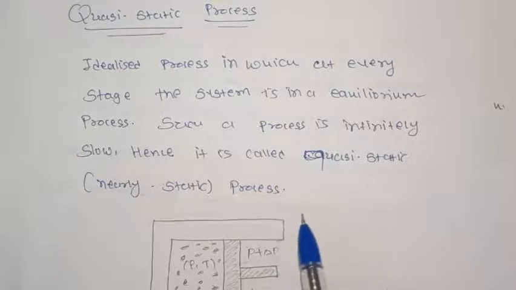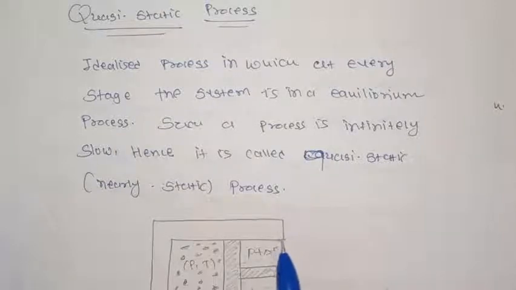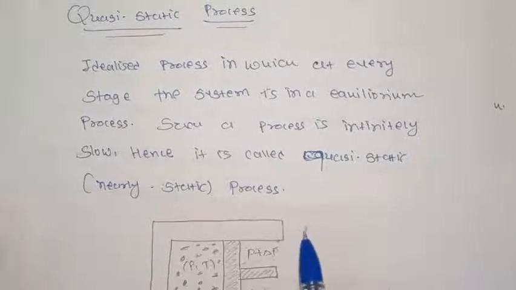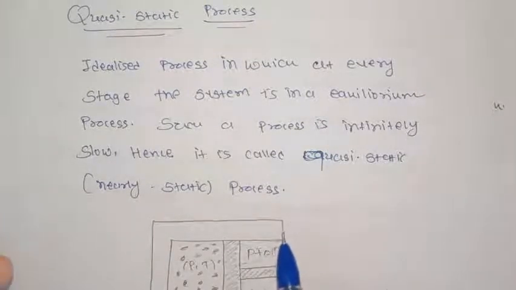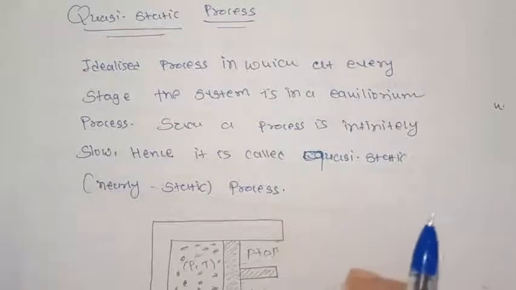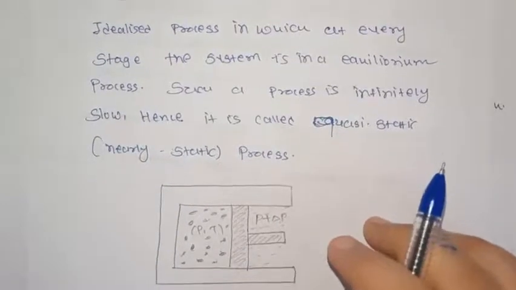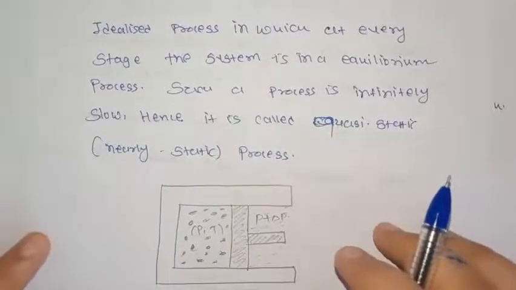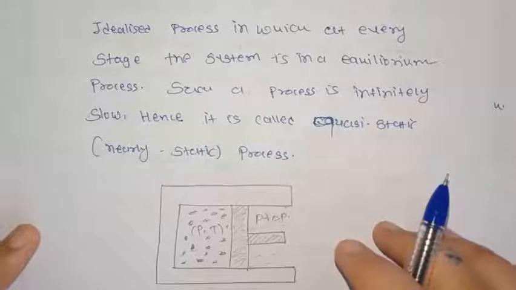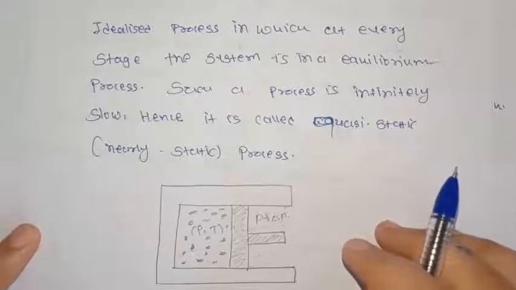The system changes its variables so slowly that it remains in thermal and mechanical equilibrium with the surroundings throughout. In a quasi-static process, at every stage, the difference in temperature of the system and the surrounding is very small. The same is true for pressure difference between the system and surrounding.